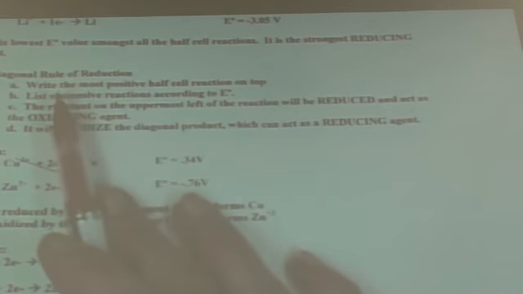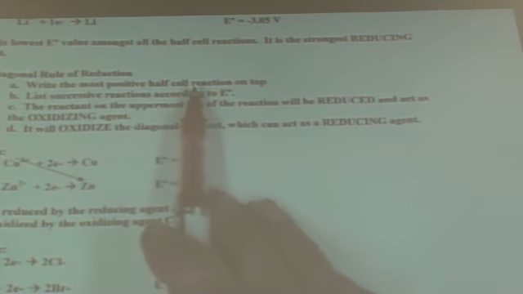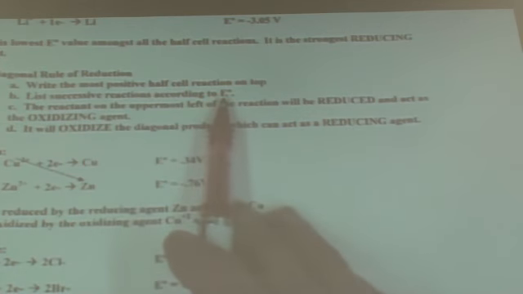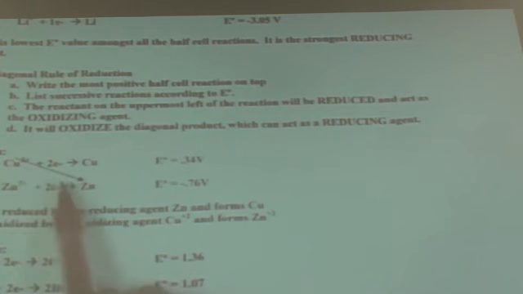Okay. The diagonal rule of reduction: write the most positive half-cell reaction on top, list the subsequent reactions according to their standard cell potential. The reactant on the uppermost will be reduced and act as the oxidizing agent for the product. Get how that works? Yeah.